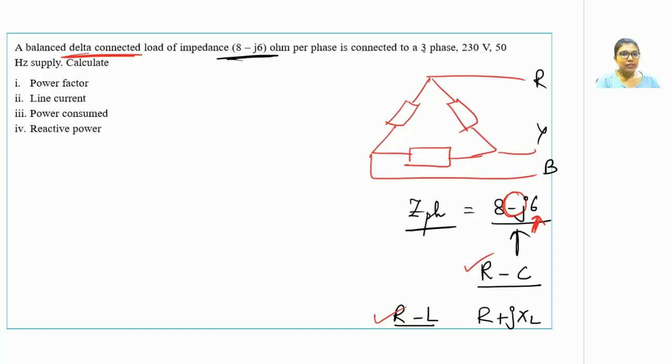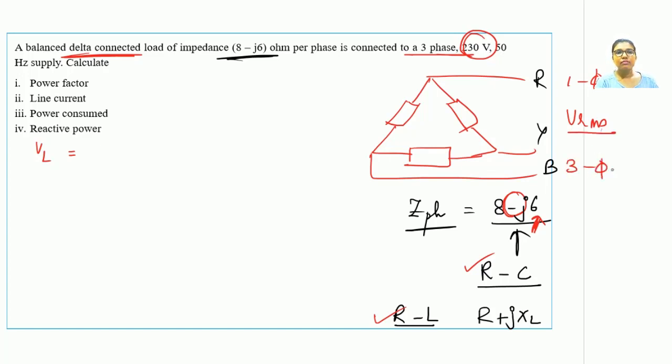So it is connected to a 3-phase 230 volts. Now, as we had discussed in our first question itself, the value of the voltage given to us in the numerical is always a line voltage for a three-phase circuit. For a single phase, the value of the voltage provided in the question is Vrms.